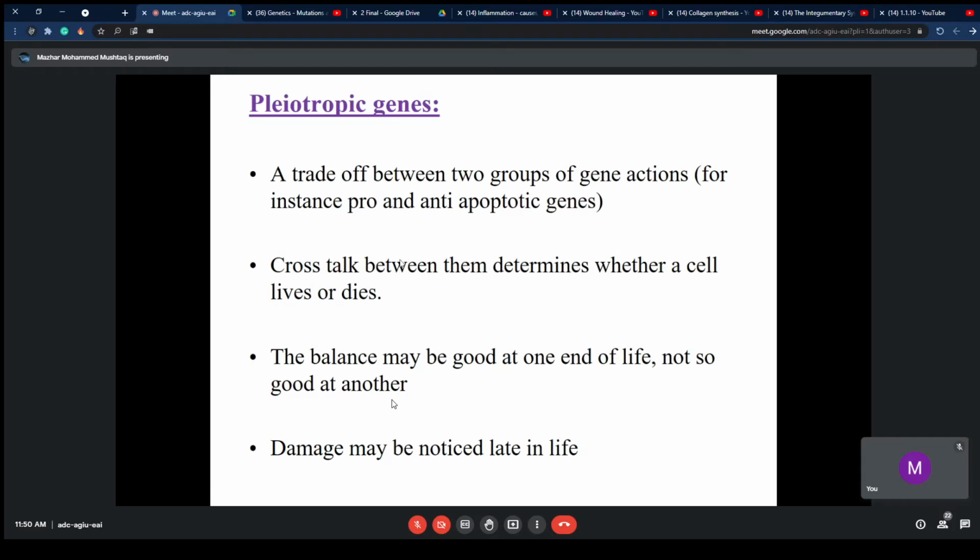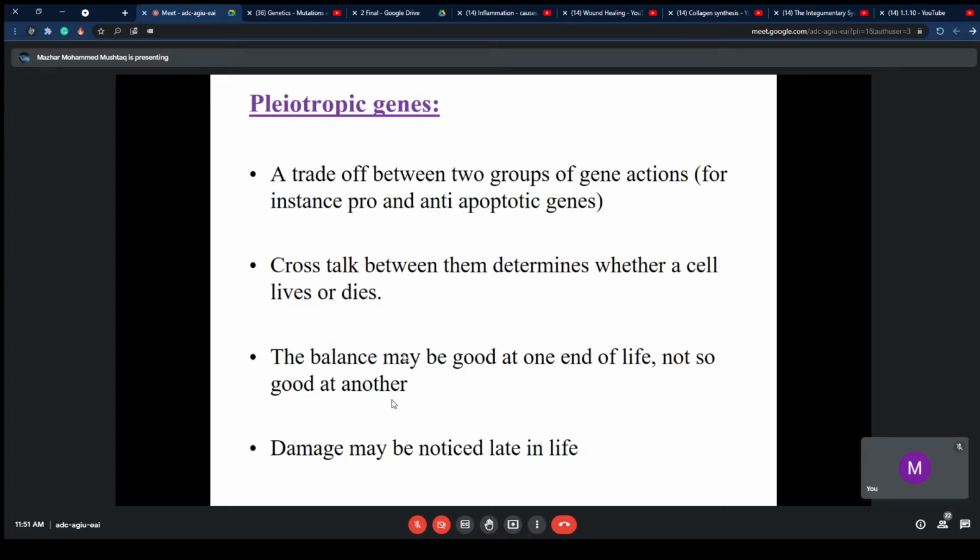There is a balance between the good at one end of life, and it may not be good at the other end. So we do have a balance of these pleiotropic genes. In the beginning we have apoptosis going on, and at the same time we have the anti-apoptotic genes.